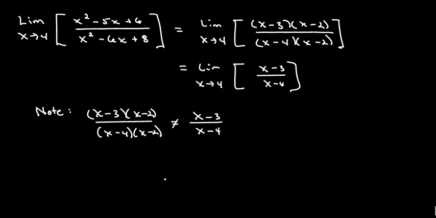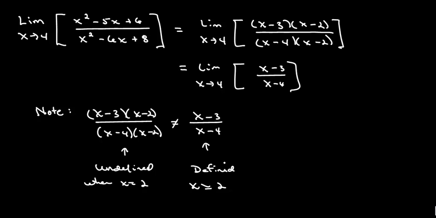Here's why. The first is undefined when x is equal to positive 2, while the second is actually defined when x is equal to 2. If I plug in 2 there, I would get negative 1 over negative 2, so 1/2.